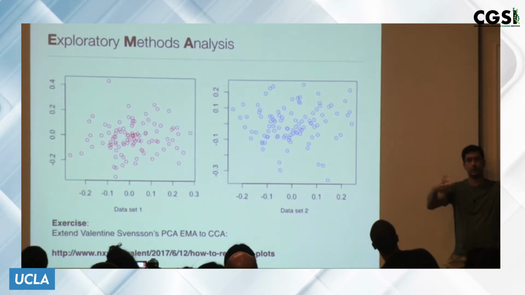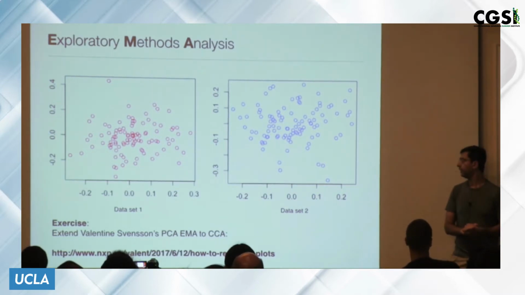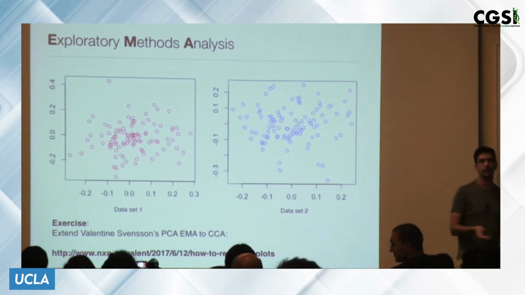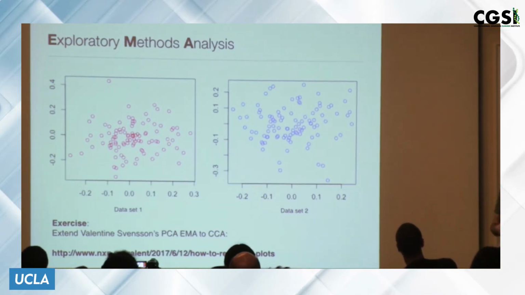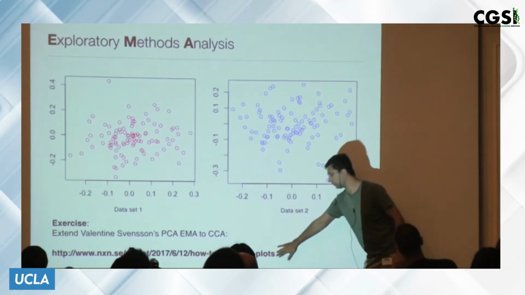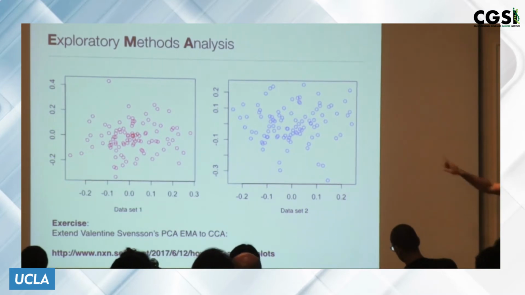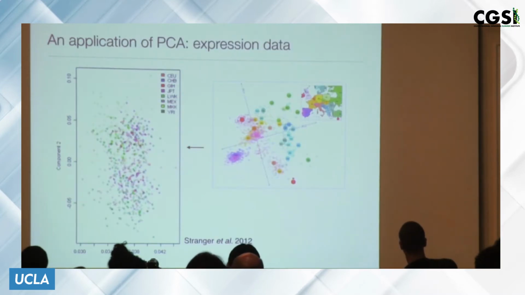He's doing this in the context of single-cell RNA-seq. So I've done a very trivial case of this here for CCA, but it's a good exercise to go and play around and add correlation structure here and there. He has a really nice Python notebook and R Markdown to do that, so it's very easy. And that's where I got these matrices to play around with.